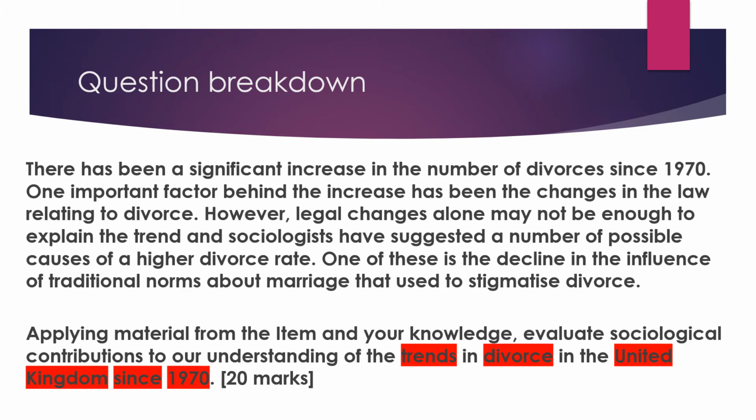So although it's 1969, before the 1970 time scale, being just a year under should be okay. It was introduced in 1969, but it became effective in 1971, so it didn't really start until 1971. So it fits into our time scale.